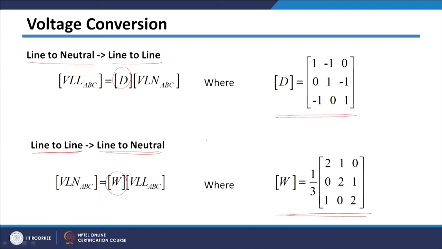Again, I will tell you here, W is not equal to D inverse, because the inverse of D is non-existent. However, whenever D inverse appears in an expression, we can use W in its place, or whenever W inverse appears, we can use the D matrix. However, they are not exactly the inverse of each other.